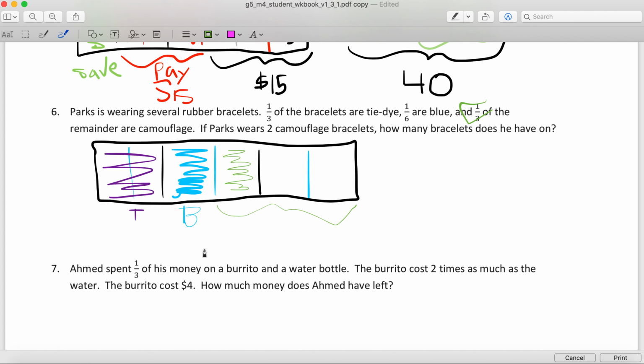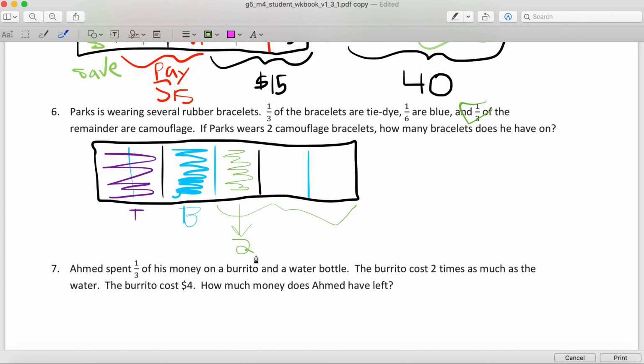It says if Parks wears 2 camouflage bracelets, how many bracelets does she have on? So that means that this part here is 2 bracelets.